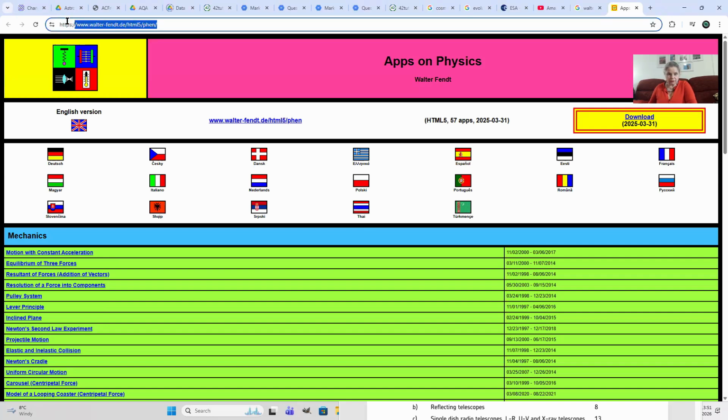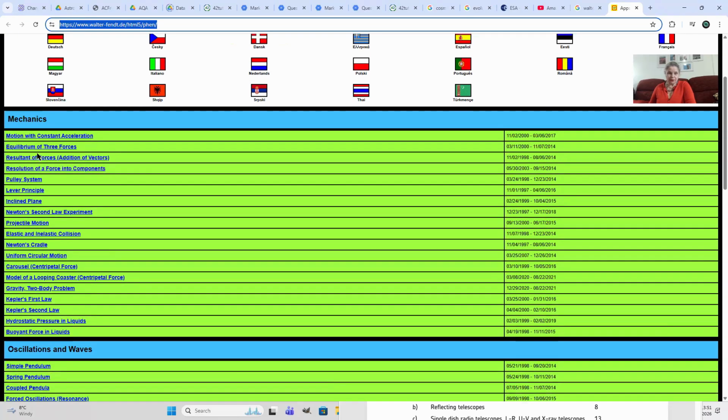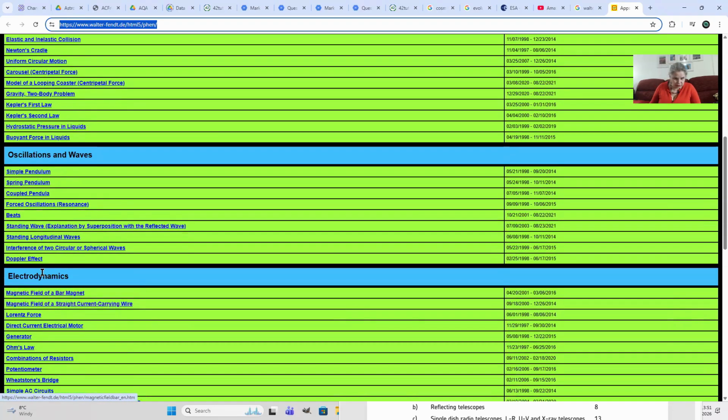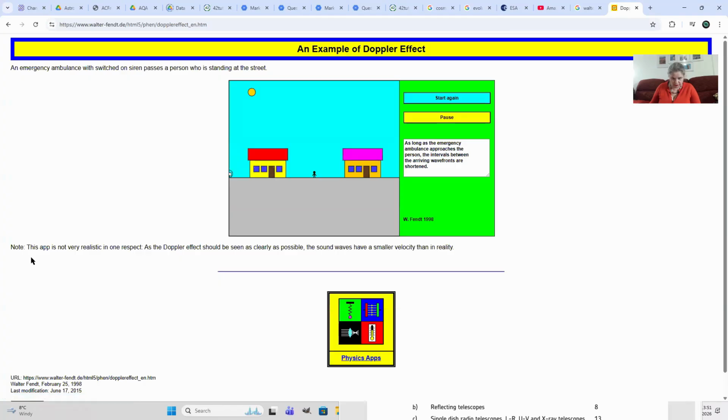There it is, Walter Fendt, and he's German, so it's a .de. But you can find it just by putting in his name. You do need to use sunglasses to look at his web page. But these are simulations where the physics is right. So what I was going to do is just click on the Doppler effect one.